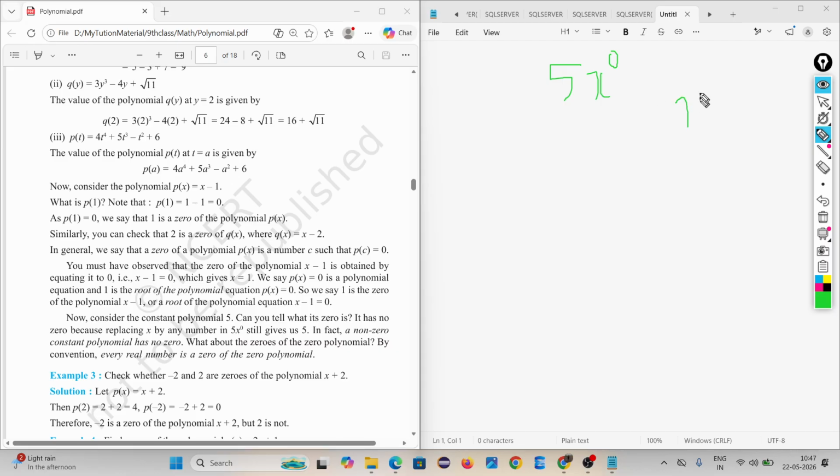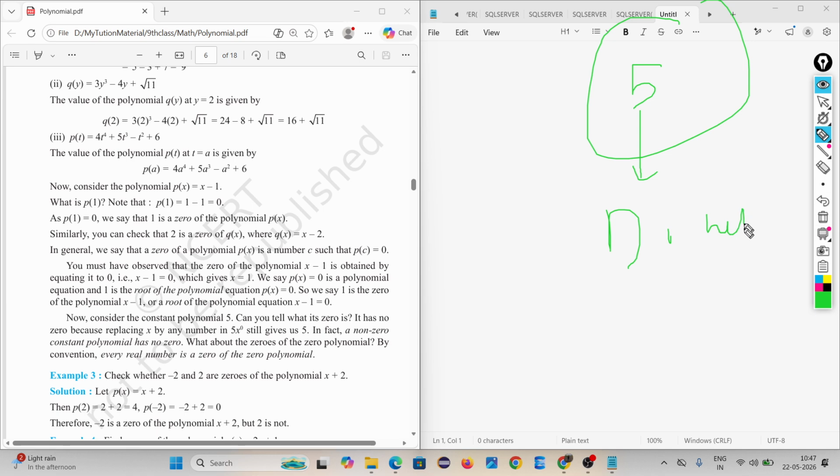Remember, a constant polynomial doesn't have a zero. In fact, a non-zero constant polynomial has no zero. What about the zero of the zero polynomial? By convention, every real number is a zero of the zero polynomial.